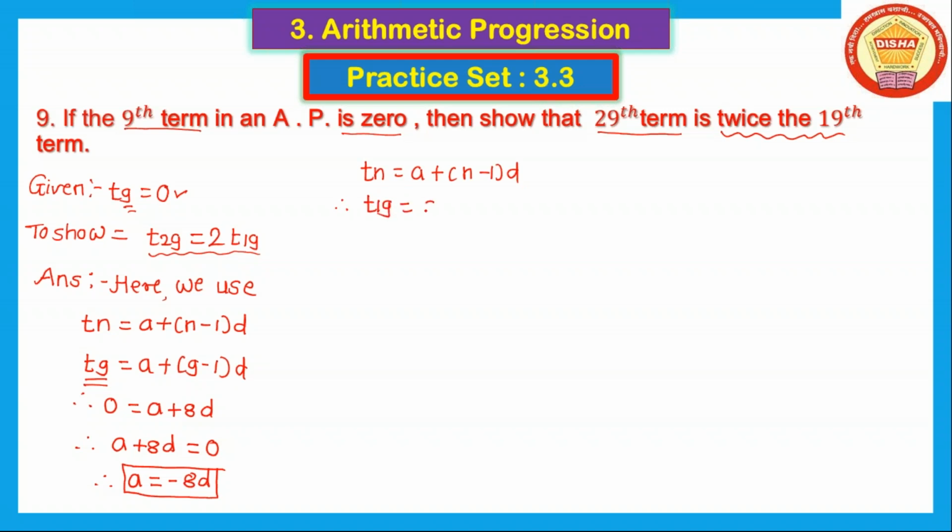Means T19 is equal to a plus 19 minus 1 into d. Means T19 is equal to a plus 18d. This one is our equation first, and this we consider equation second. See, we get it here the value of a is equal to negative 8d.